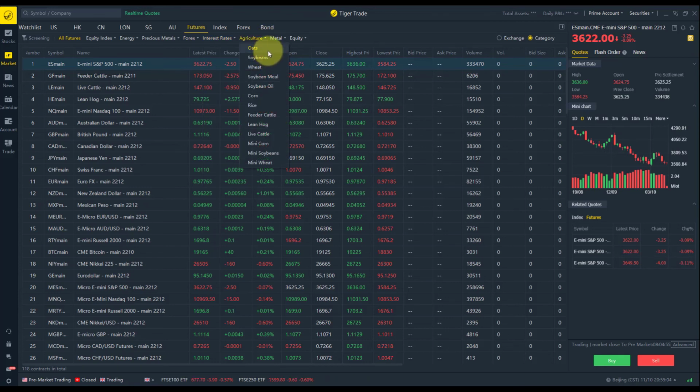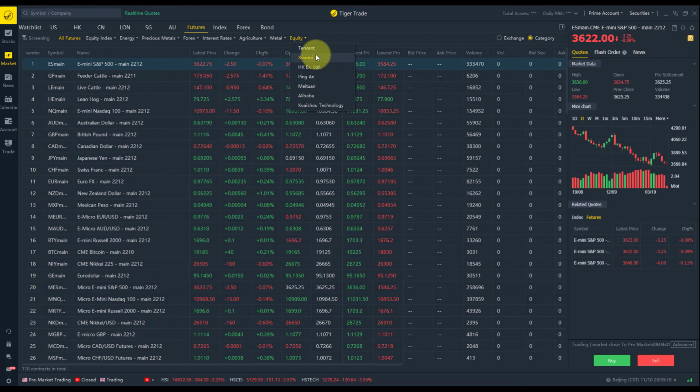Agricultural products: oats, soybeans, wheat, rice, hogs, all there. Metals: copper, a very good one. We've got the mini copper and a micro copper as well. Iron ore even, and even some equities. And you'll notice Chinese stock futures: Tencent, Xiaomi, Ping An, Alibaba, all there.